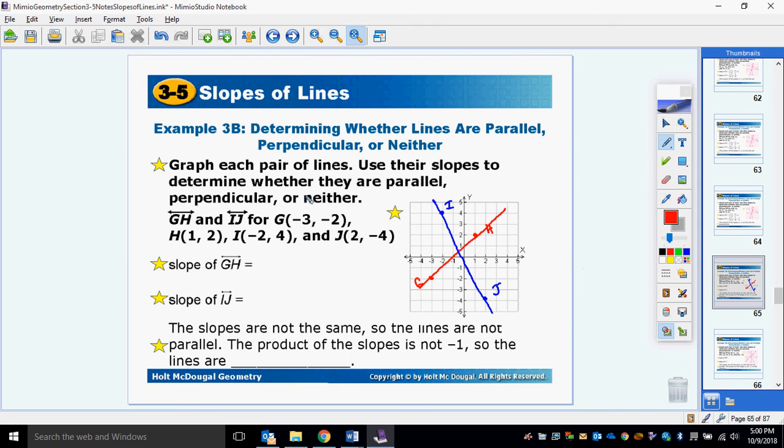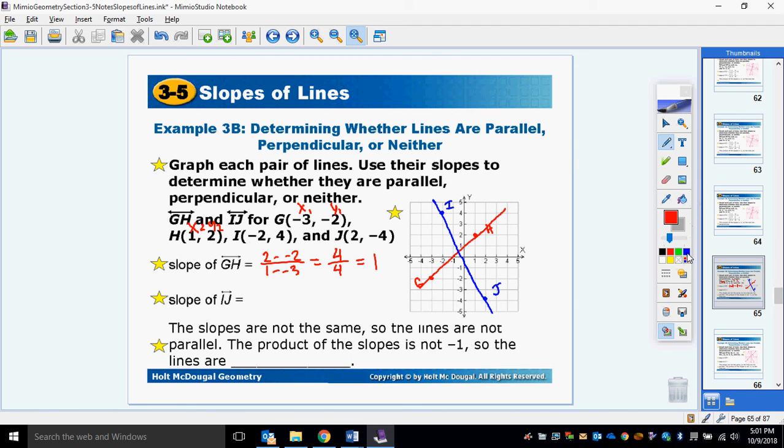Let's find GH's slope. So plug in y2 minus y1, x2 minus x1. Minus a negative is plus a positive, so I'd get 4 there. Again, minus a negative would be plus a positive, so I'd get 4 there, which would reduce to 1.